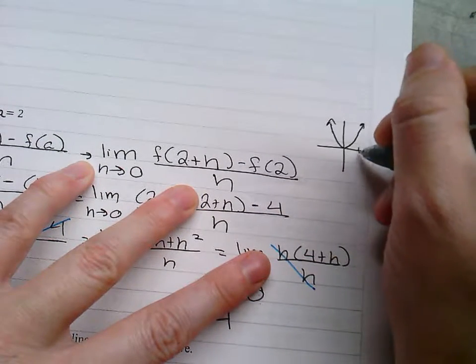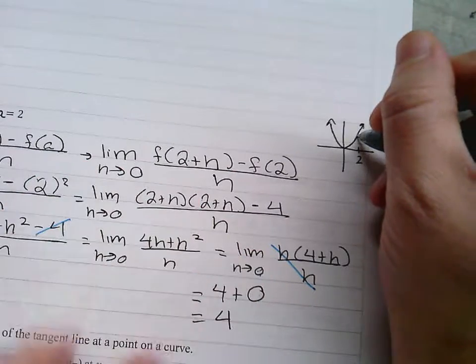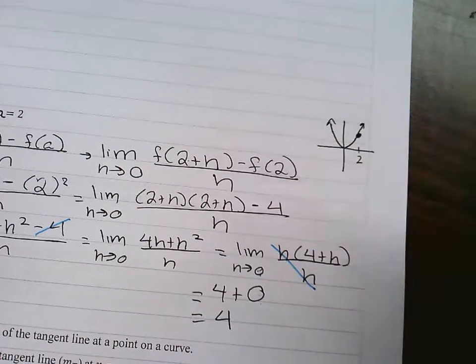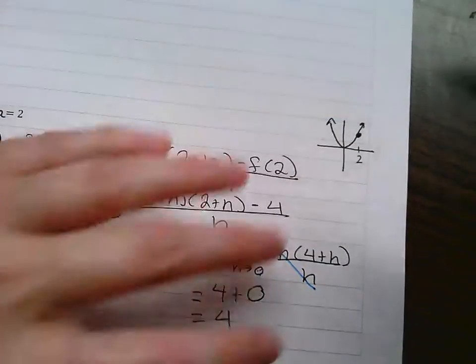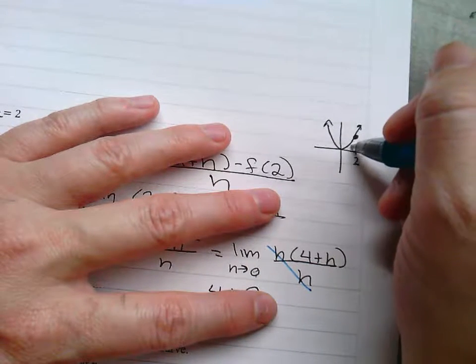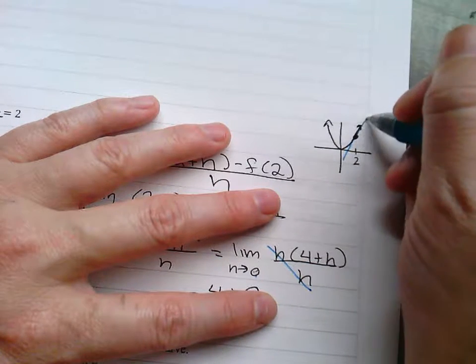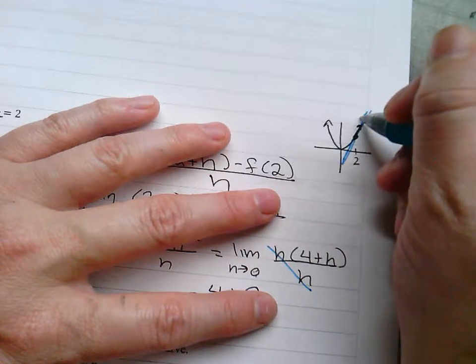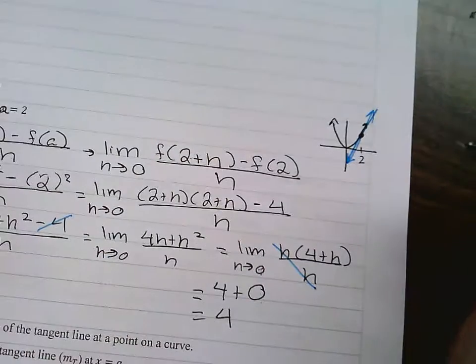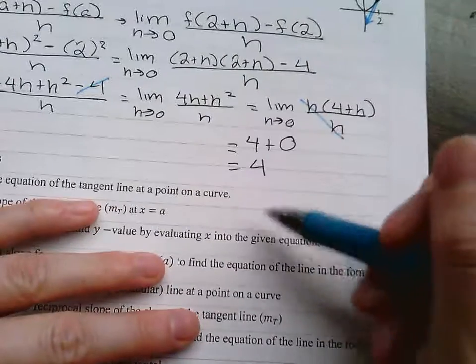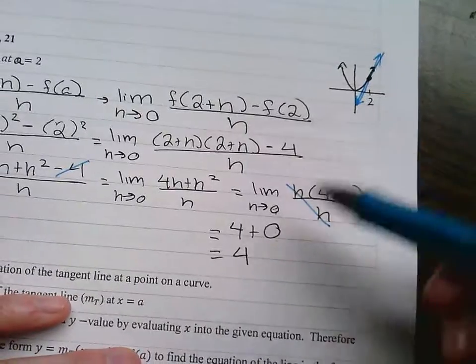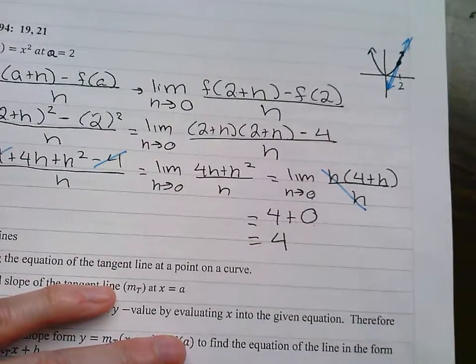Here's my 2. So I'm right here, so 2. So my tangent line is going to be the line that kind of glides along that path like this. That's my tangent line right here. And I know now that my slope at 2 is going to be 4.